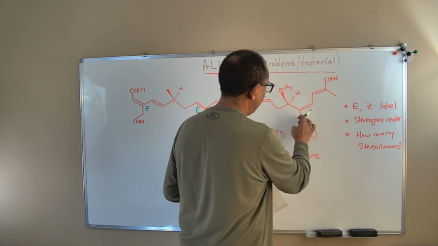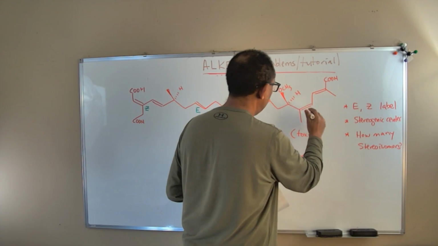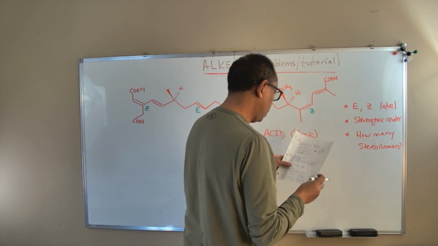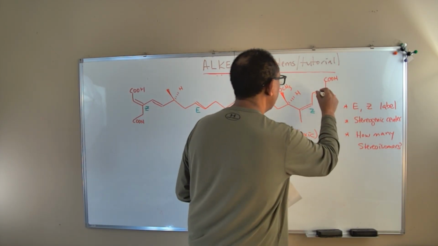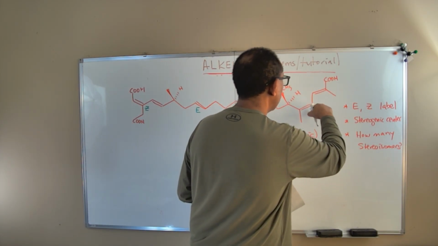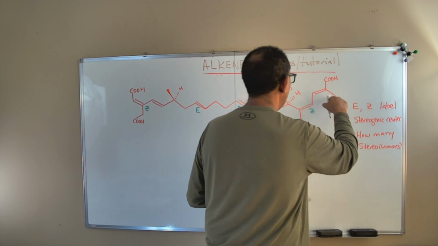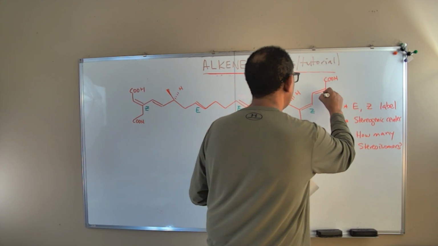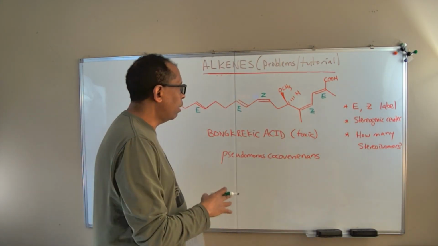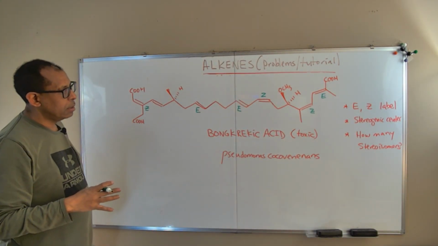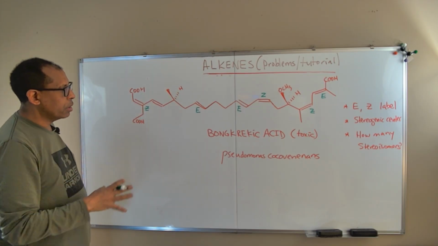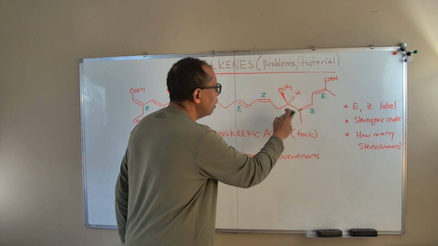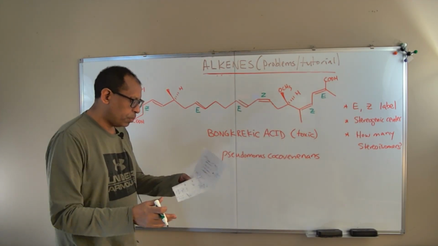Here I have a Z isomer. And I have here, as you see, this is down, and that one is up. So that should be an E isomer. So as you see, we were able to assign using Cahn-Ingold-Prelog priority assignment for E, Z. So I have 1, 2, 3, 4, 6 double bonds.